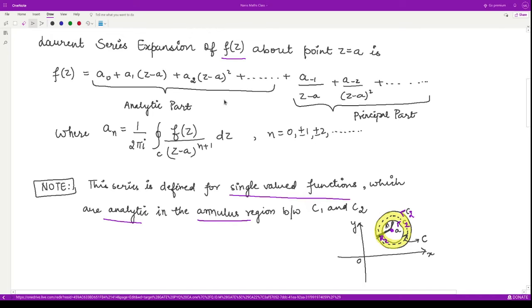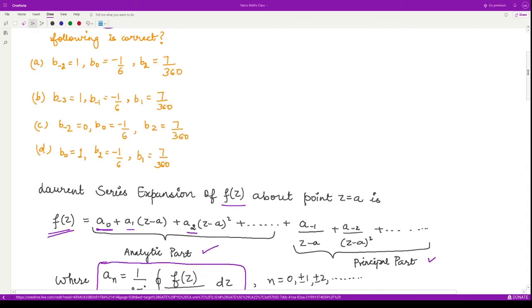This part is known as the analytic part and this part is the principal part corresponding to our series. So what are these? a0, a1, a2, a minus 1, a minus 2, these are the coefficients which are calculated using this particular formula. So here also we have to expand our function in terms of this kind of series. So let us do that.